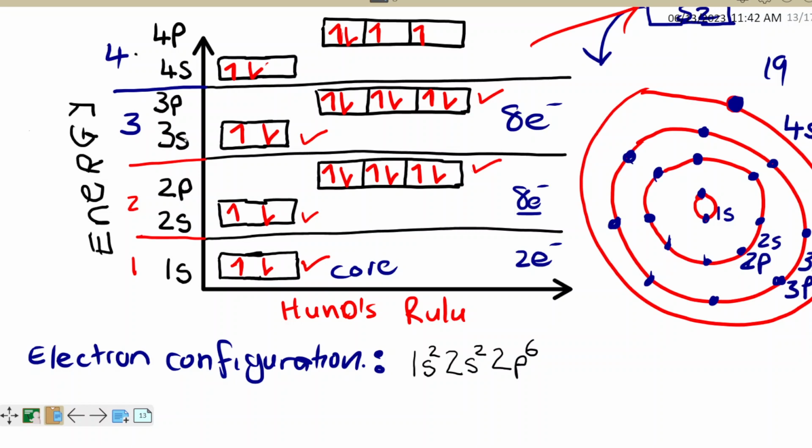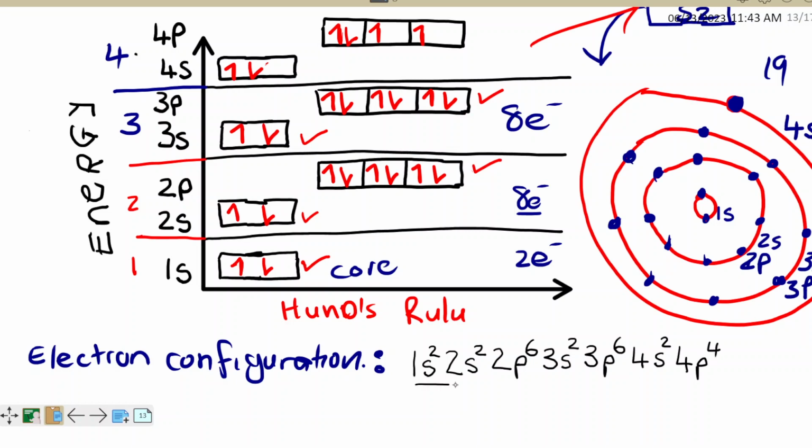You go to the 3s orbital. How many electrons in the 3s? There are 2. You go to the 3p orbital. How many electrons there? There are 6. You go to the 4s orbital. There are 2. You go to the 4p orbital. How many electrons there? 2, 4. There are 4.